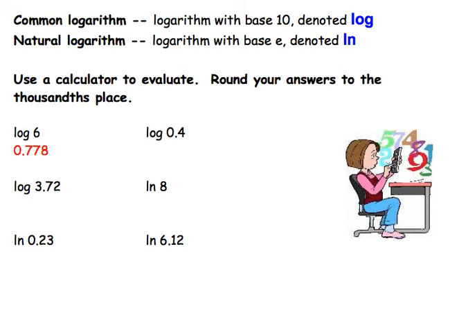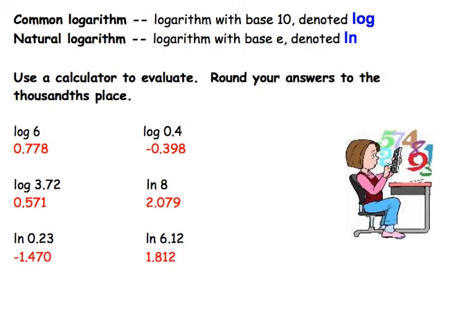If you type in log of 0.4, you're going to get negative 0.398. Log 3.72 is 0.571. Natural log of 8 is going to be 2.079. Natural log of 0.23 is negative 1.470.